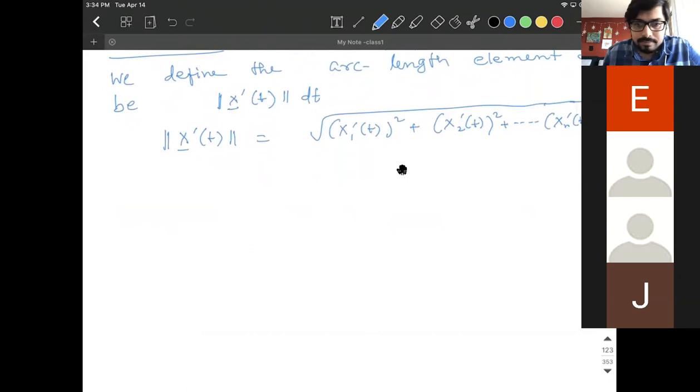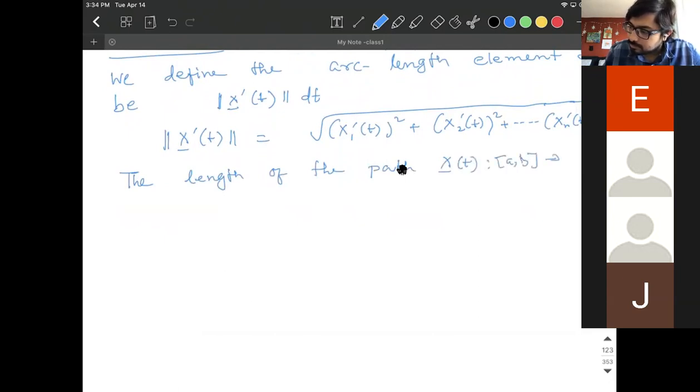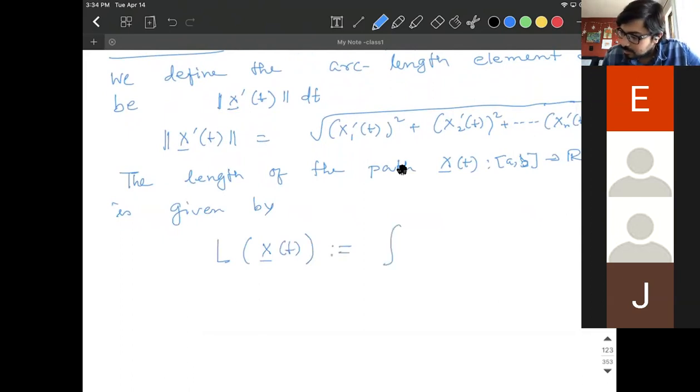Now the length of the path x(t), defined from [a,b] to Rn, is given by this formula: L of x(t), this integral from a to b of this infinitesimal element.